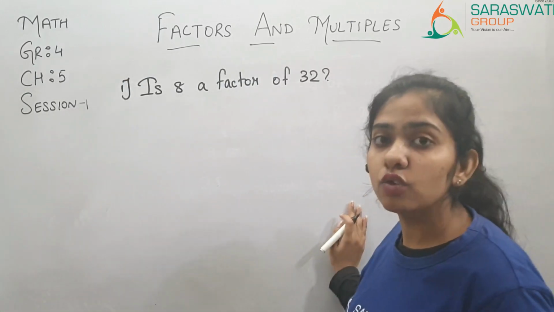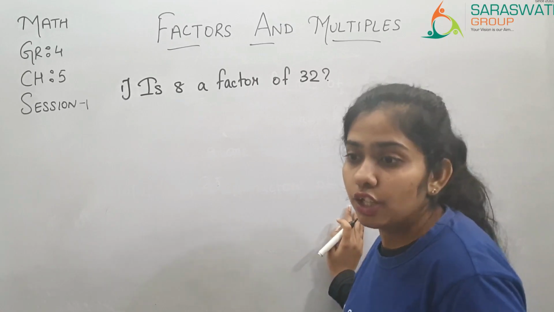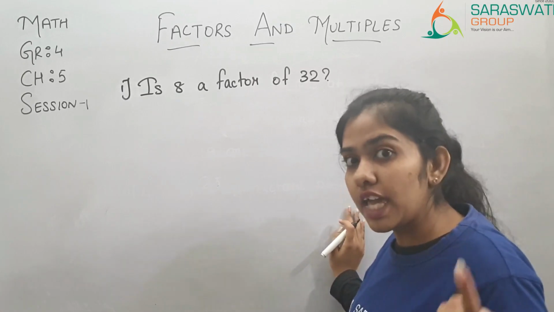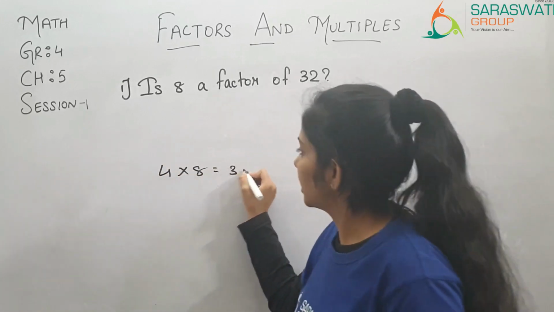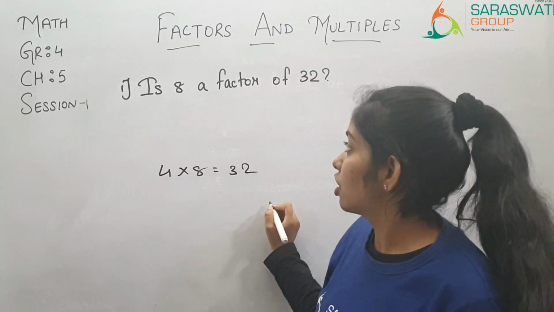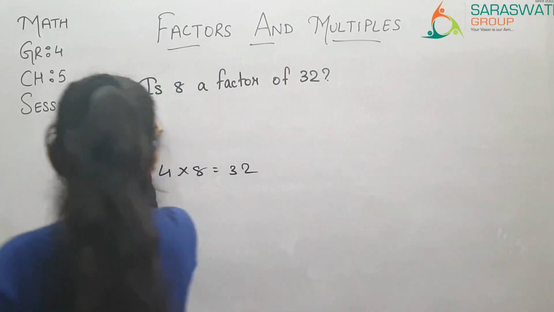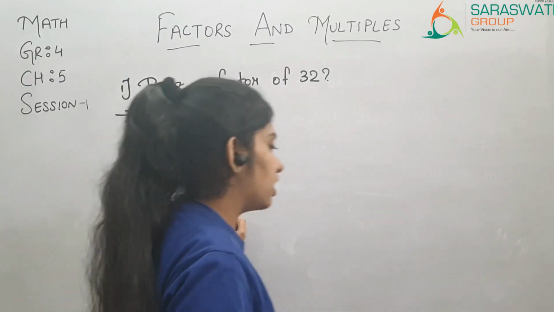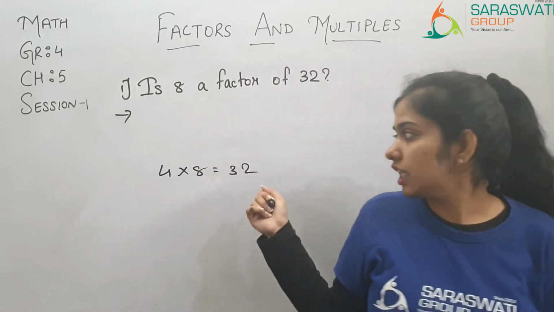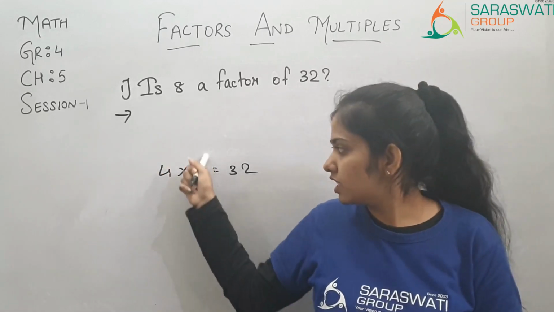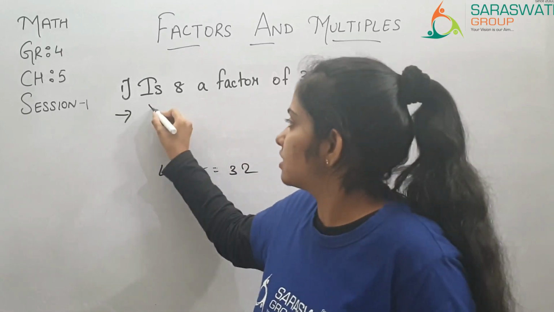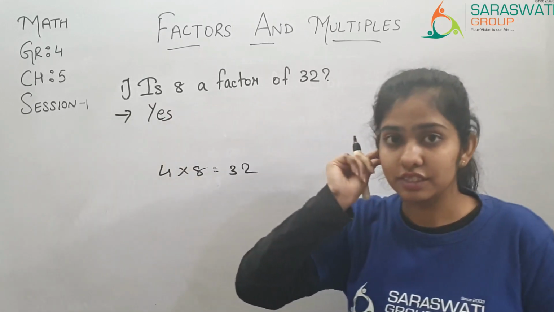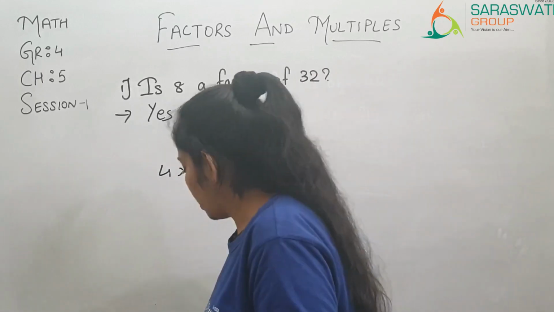Recall 4 eights are 32. So yes or no, do we get 8 as a factor of 32? Yes, we got the factor 8. So our answer is yes.